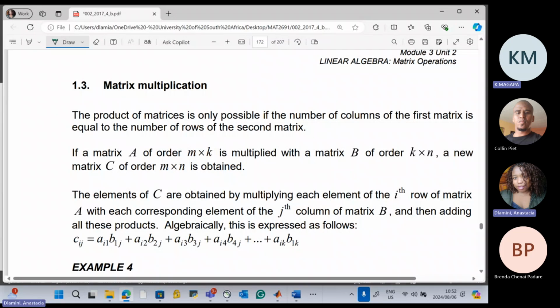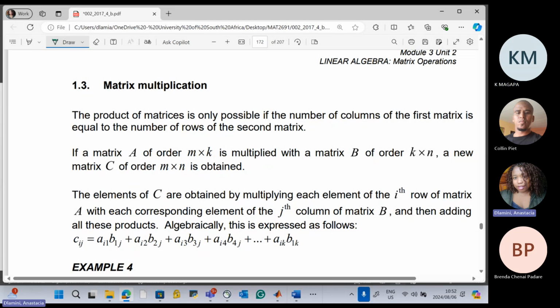Let me check something. Okay. Do you remember it? I'm not sure. You have to remember it because the exam will be on matrix multiplication. Oh, okay. It's either you multiply your rows or your columns, right? That's the one. Yes, that's the one. Oh, yeah. So let's remind each other.